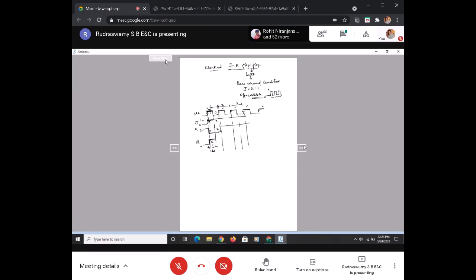Previous output. So from T1 to T2, even though my flip-flop is disabled, it will hold the previous output.